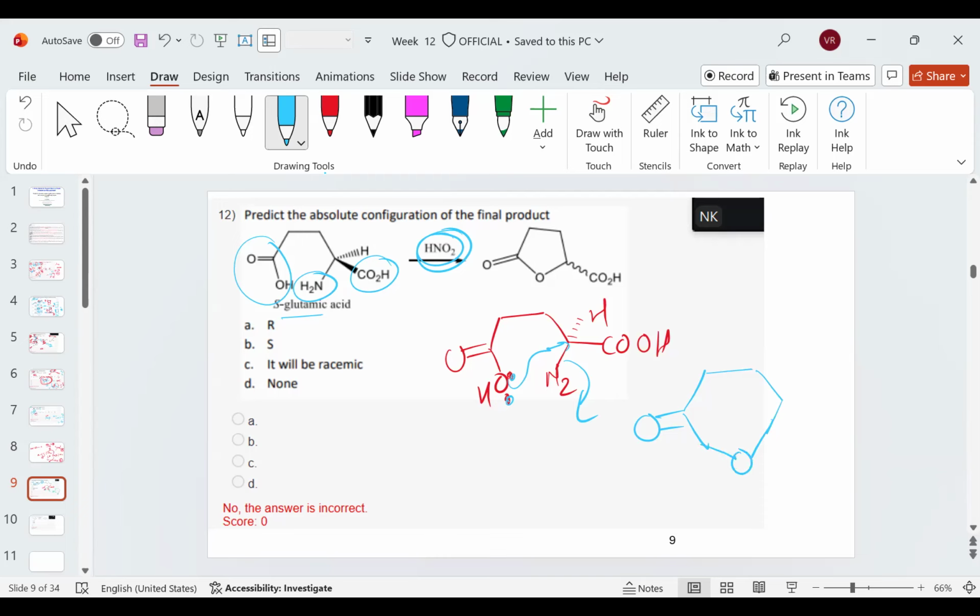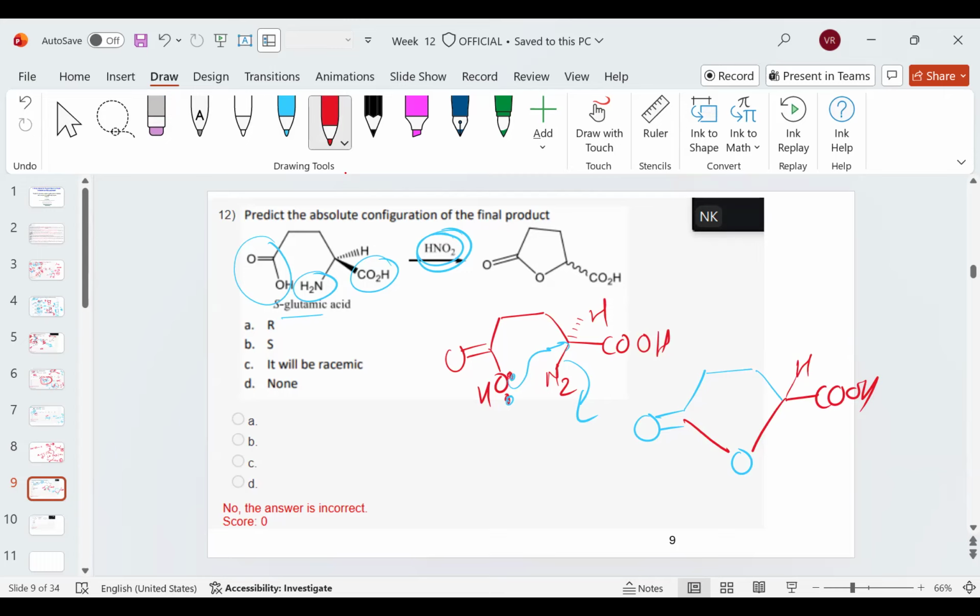Now what about the stereochemistry? Whether this N2 is eliminated in the SN2 fashion or the SN1 fashion, we need to figure out. We have the COOH here and obviously hydrogen.